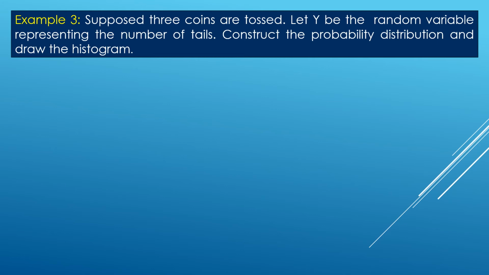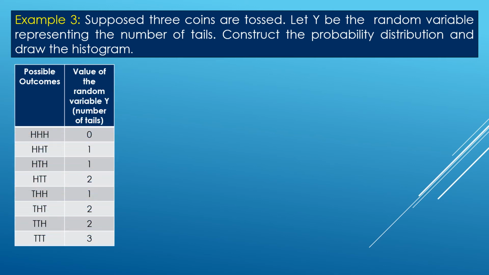So we have 3 coins here that are tossed. So this is now our table. The first row represents the possible outcomes. These are the outcomes. And the second row is the value of random variable y, which is the number of tails. So we will count the number of tails.